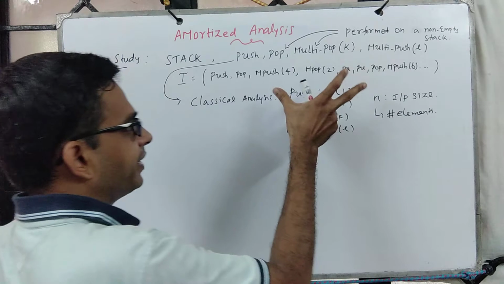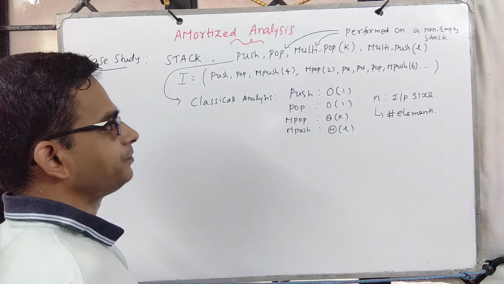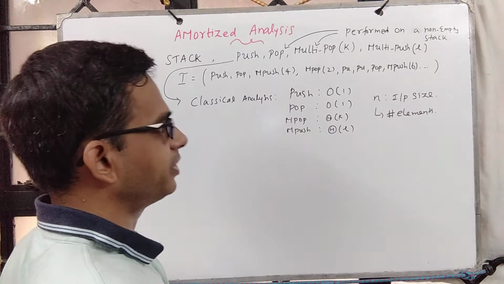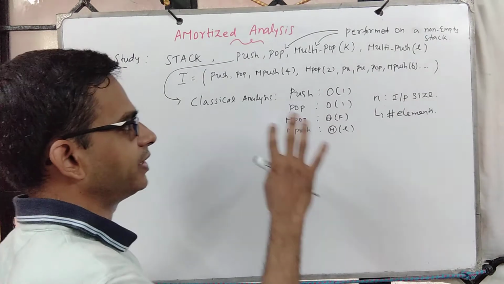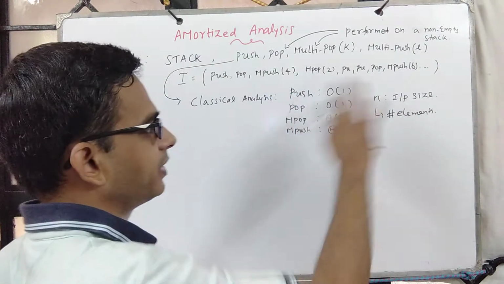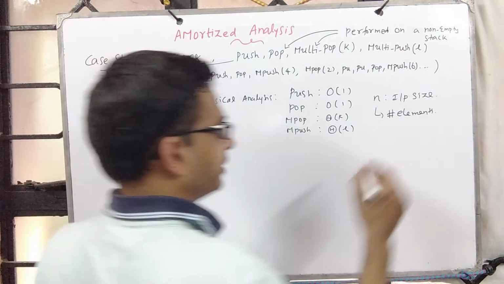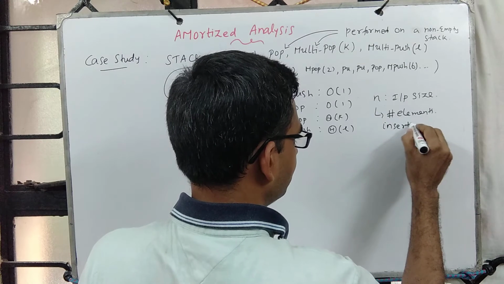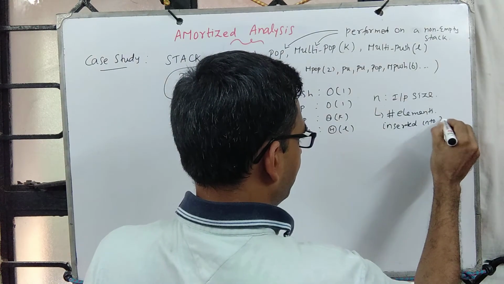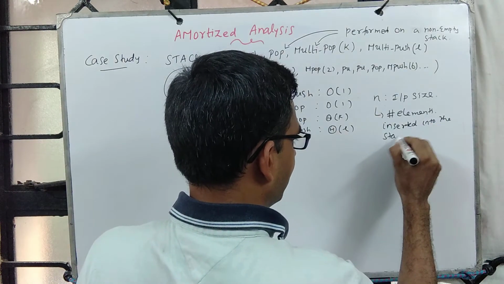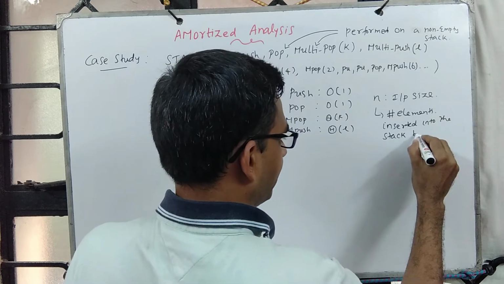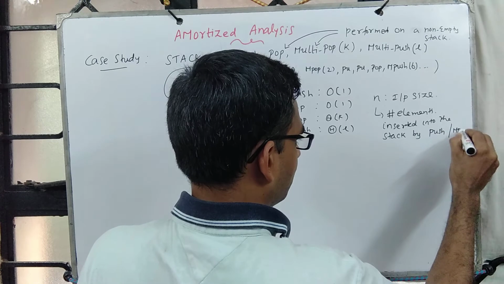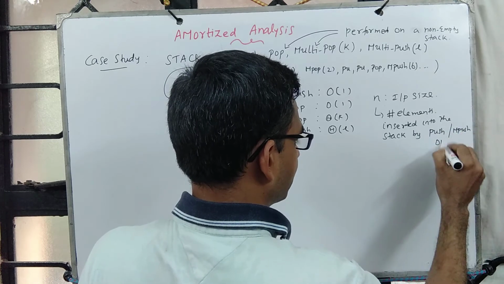So what we will do is, for a given input sequence, just see push and multi-push. The contribution from push and multi-push, so the number of elements inserted into the stack by push and multi-push operations.